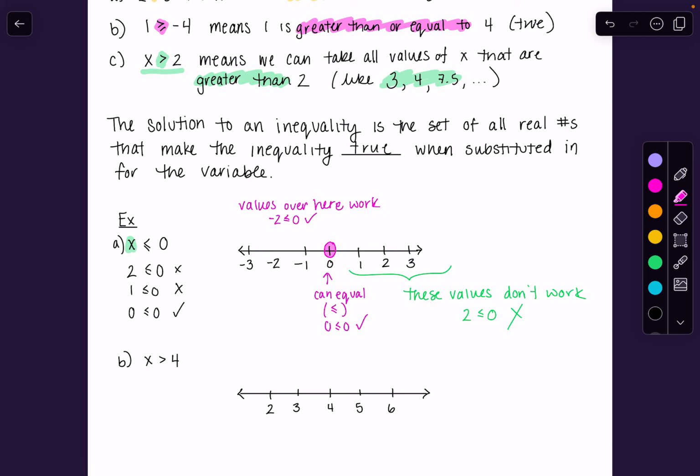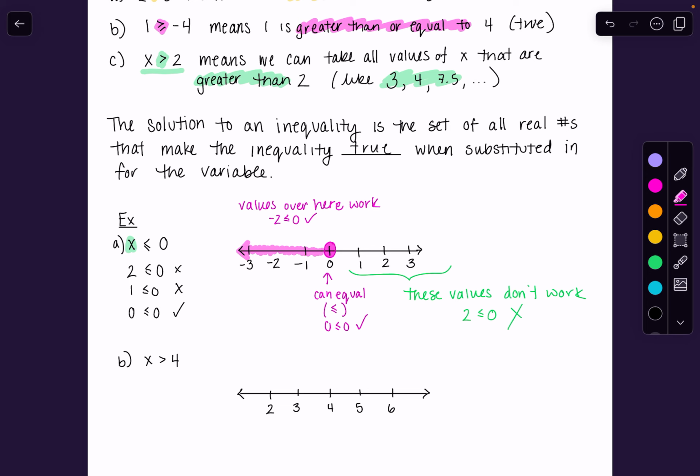And really it's because I can take all values of x that are less than or equal to 0. So anything less than or equal is going to be good. This entire half of the number line is going to work for us. So our solution is going to be this shaded region, including 0.